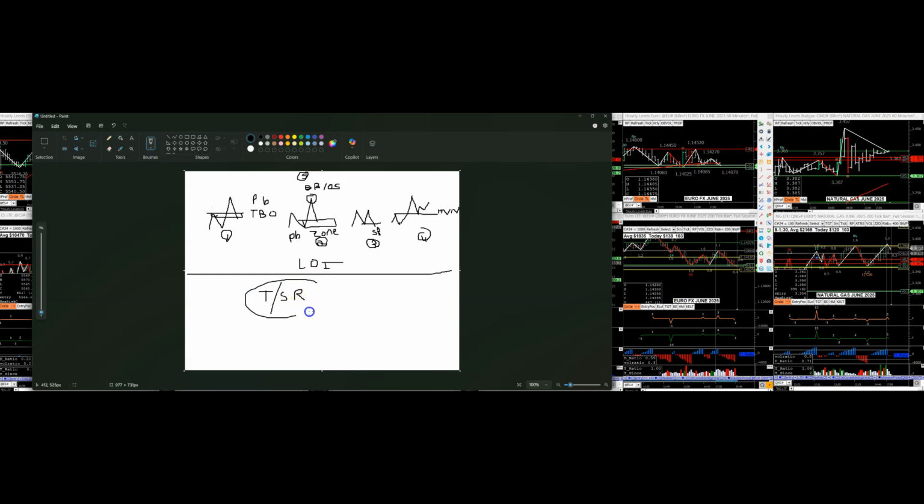So this always comes first. Trend, support, resistance. That's the basic context. Now that I've explained that, levels of interest, tests of breakouts, pullbacks to zones, springs, upthrusts, high volume nodes, and obviously overbought, oversold. Okay, so I explained that now.